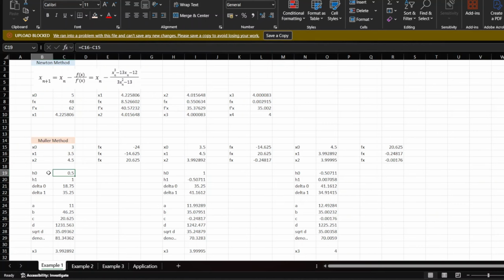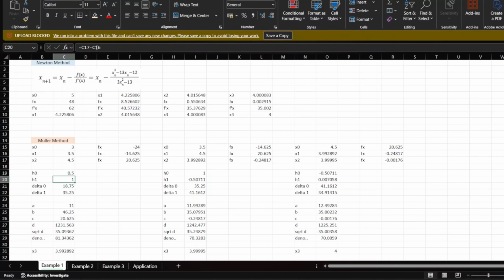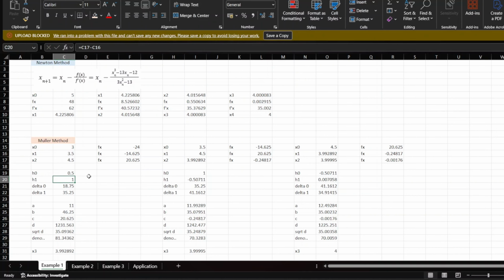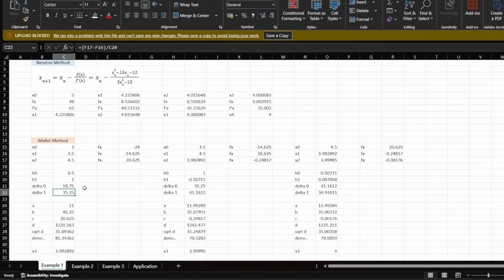We use h0, which is x1 minus x0, and h1 equals x2 minus x1. So we get these two answers, and then we get delta, which uses f(x1) minus f(x0), and then divide by h0. So we get delta 0 and delta 1.